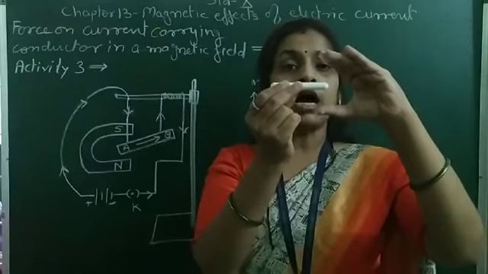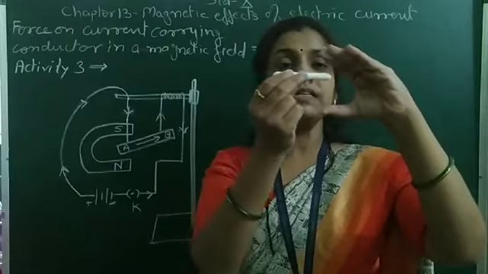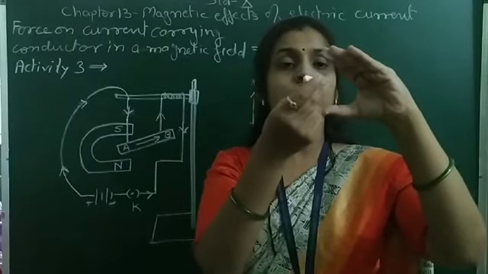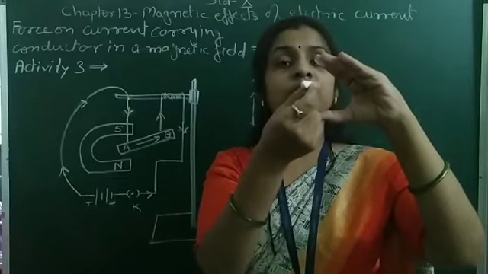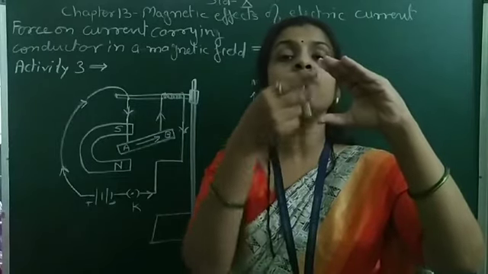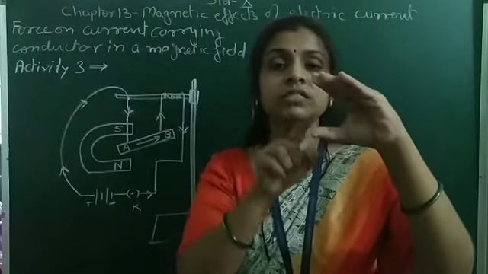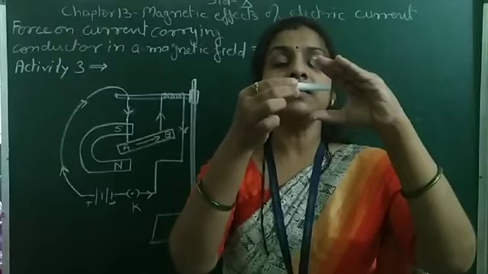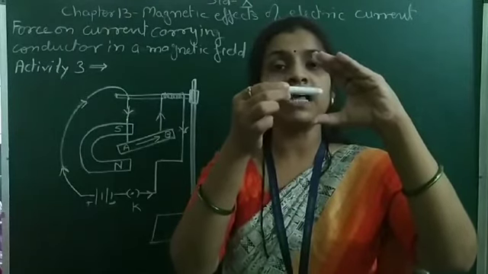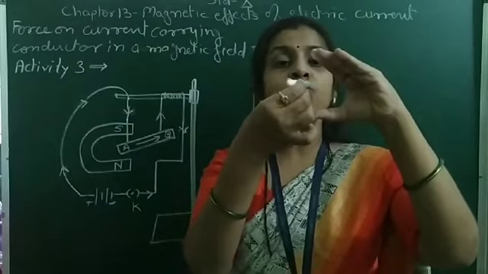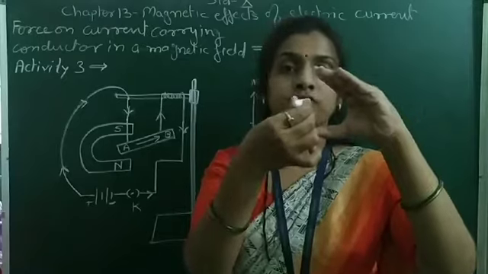And whenever this current carrying conductor is placed inside the magnetic field, it moves towards the left. So what is the direction of the force? The direction of the force is perpendicular to both the magnetic field and the electric current, because this is the direction of the magnetic field, this is the direction of current, which are perpendicular to each other, and whenever the current carrying conductor is placed in a magnetic field, it moves towards the left, but the direction of the force is perpendicular to both of them.